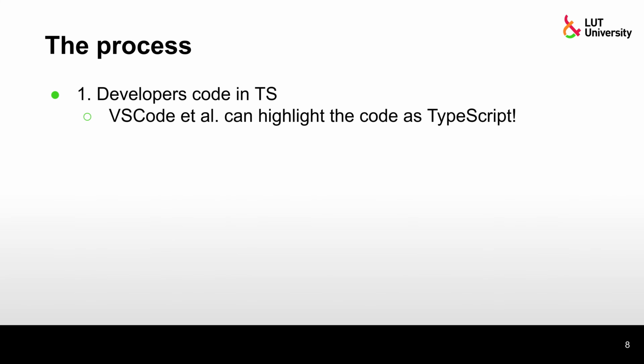So how does this process work when you are using TypeScript? So first, developers code in TypeScript. You can use Visual Studio Code or any other editor that highlights the code as TypeScript. It's very useful. It's giving you all the necessary information to work with the code. And then this TypeScript code is transpiled to JavaScript.